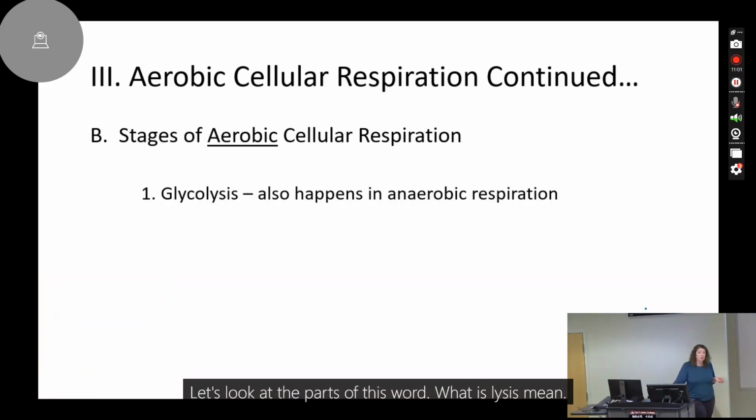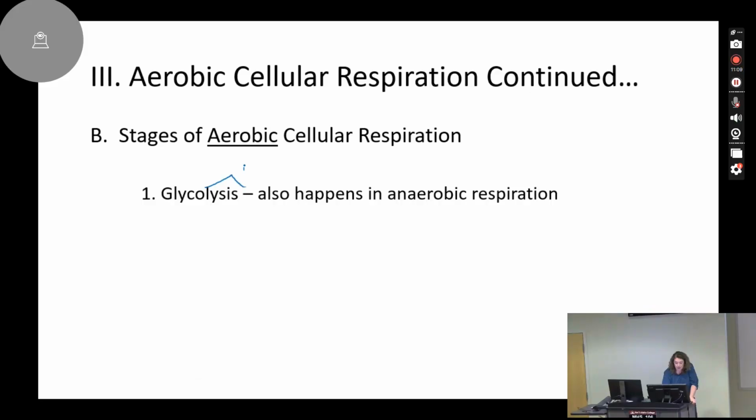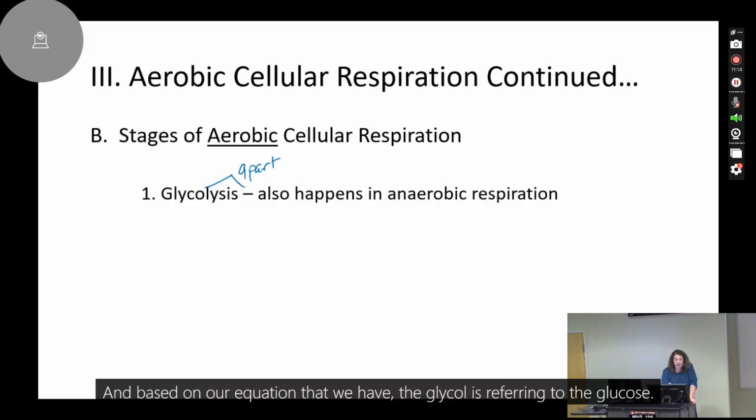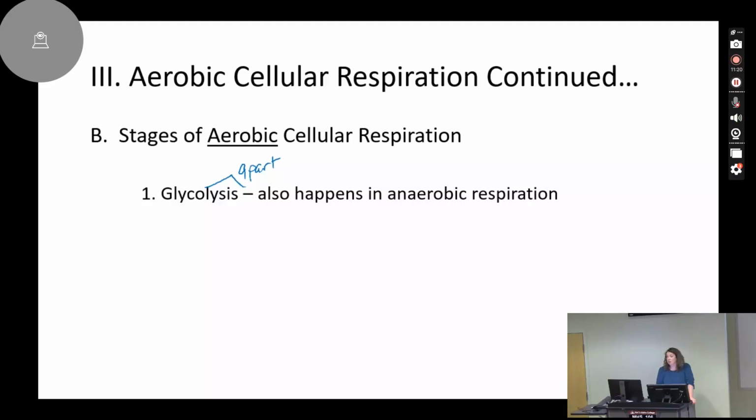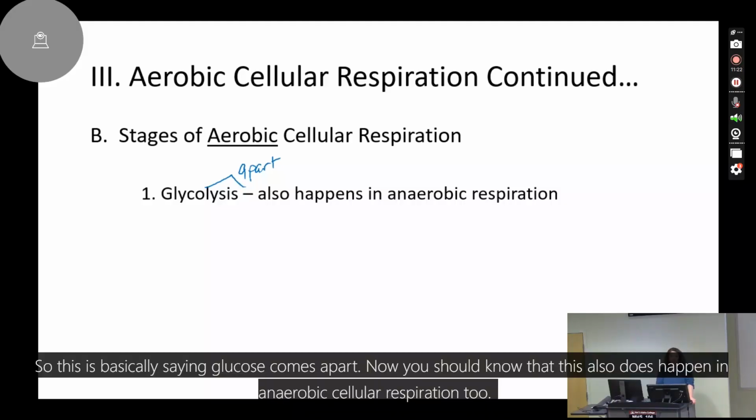Glycolysis. So let's look at the parts of this word. What does lysis mean? We've talked about this before. Coming apart, right? And based on our equation, the glyco is referring to the glucose. So this is basically saying glucose comes apart.